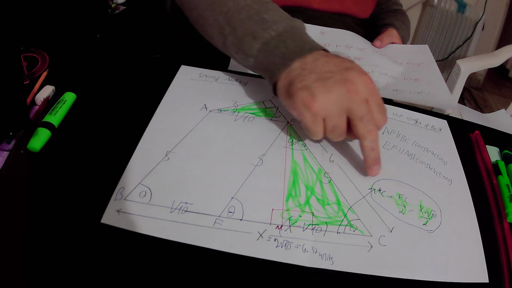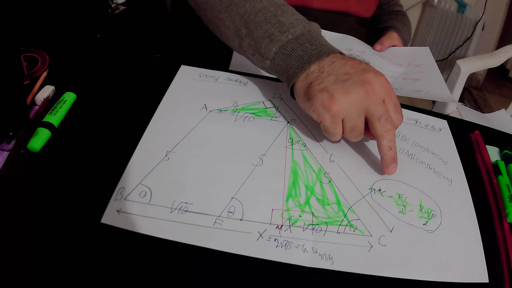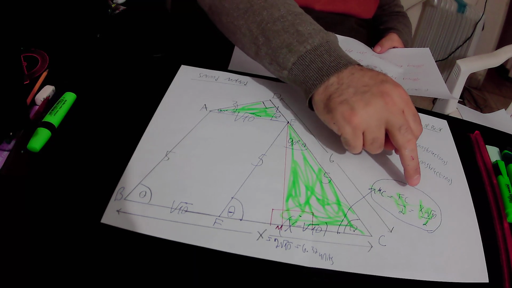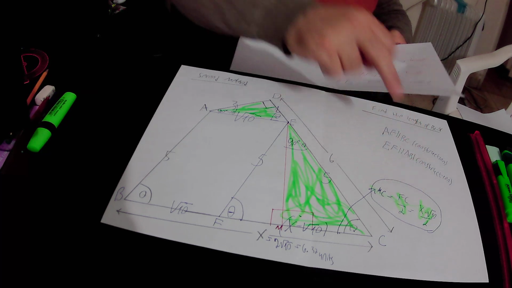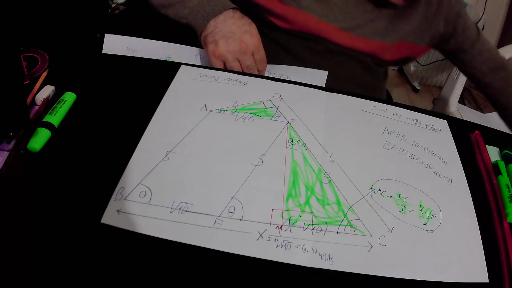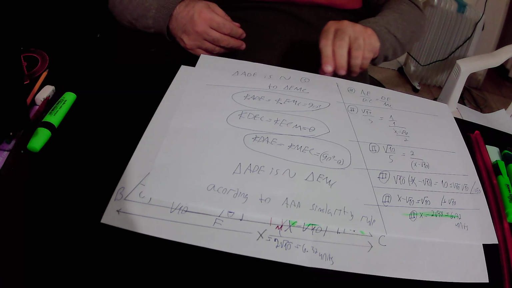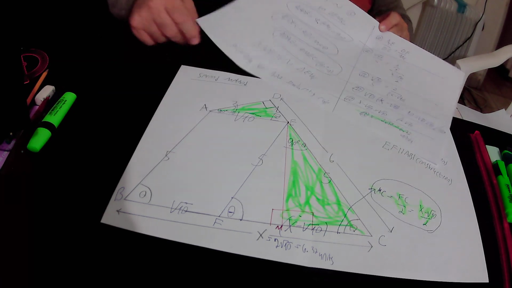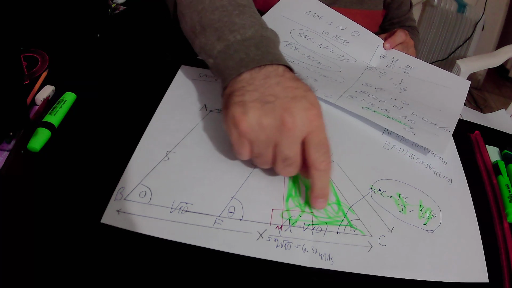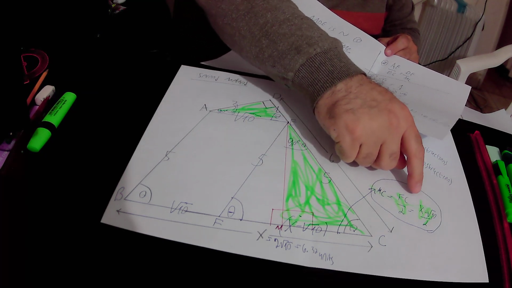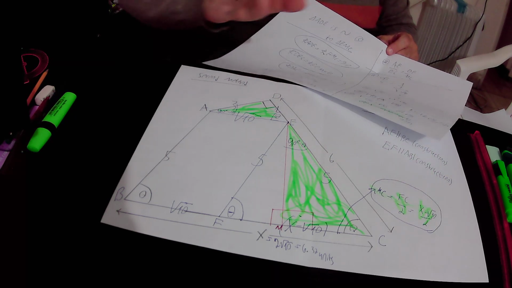So here, MC equals FC over 2, that is actually x minus square root of 10 over 2.